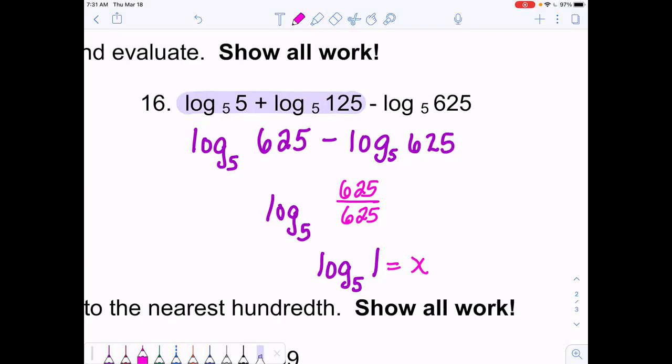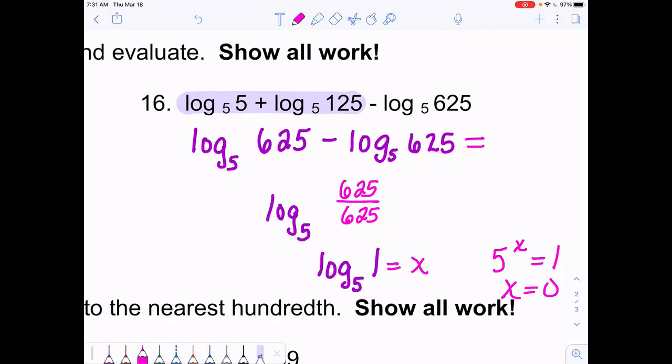So if I wrote this as an exponent, we're looking at 5 to the power of x equals 1. Well, what power of any number would make the value 1? Gabby? 0.